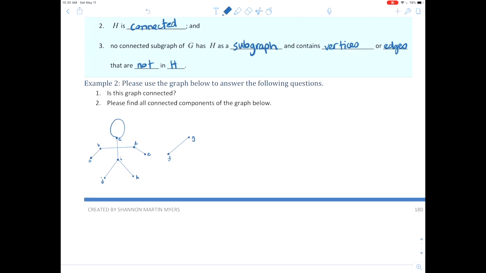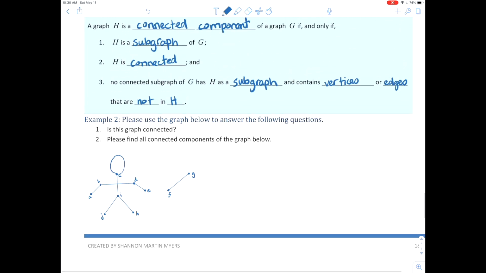All right, so in example 2, let's use this graph below to answer the following questions. Is this graph connected? And we want to find all the connected components of the graph below. One part of it is really obvious, right? Vertex F, G, can you see it's not connected?